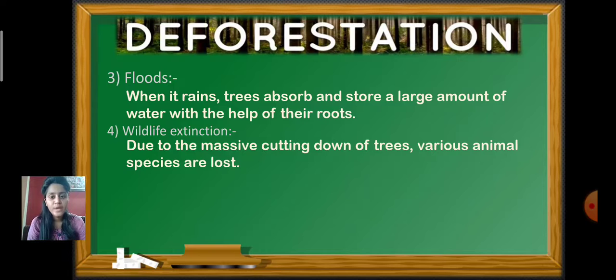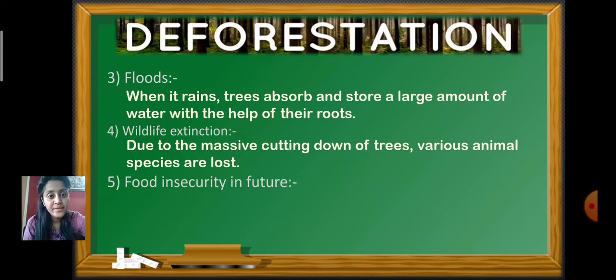You have seen that animals take shelter in trees. If there are no trees, why will animals stay there? They will move from one place to another where they can find many trees. Yes, it's an effect of deforestation, wildlife extinction.